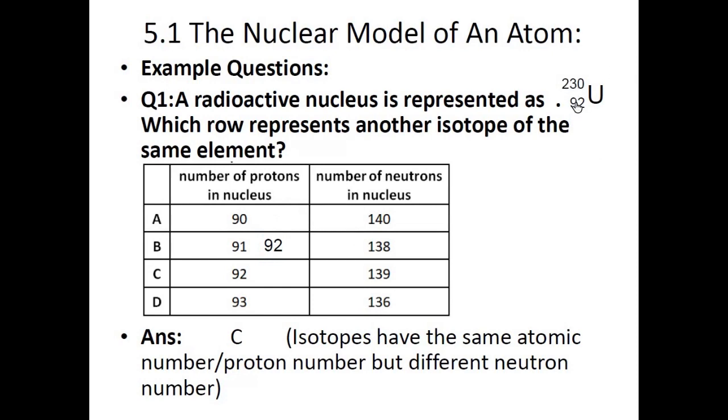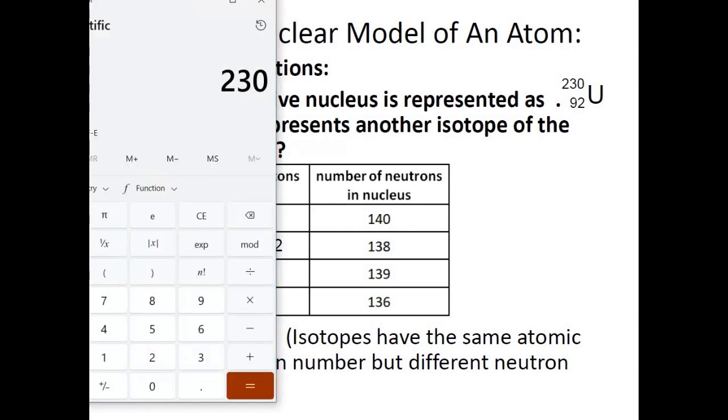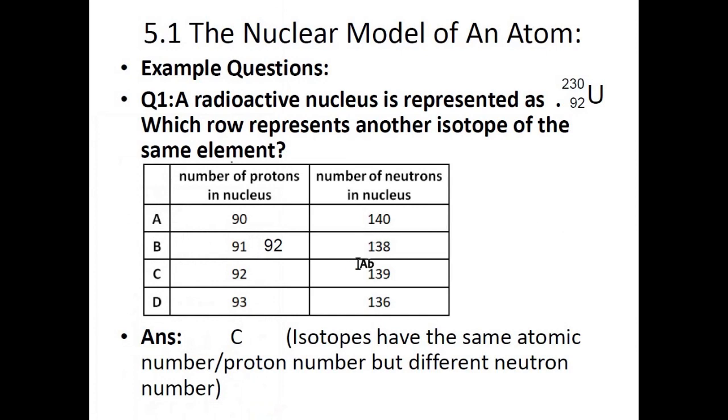You are going to find the number of neutrons over here as well. This 230 is a combination of the number of protons and the number of neutrons. So just subtract 92 from 230, and you are going to get 138.